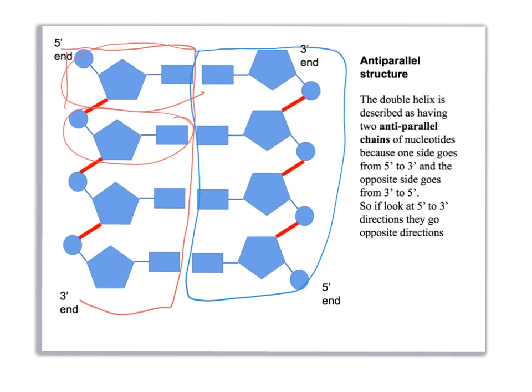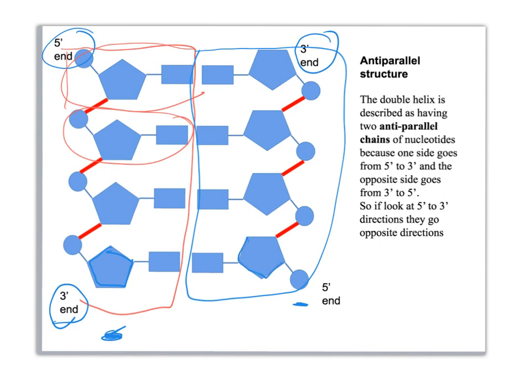When you look at these two strands, you will see that on this strand over at this side, you start with a 3' end here, and you've got the 5' end here, and the sugars are facing this way. But on the other side, you'll notice that the 5' end is here, and the 3' end is up here.